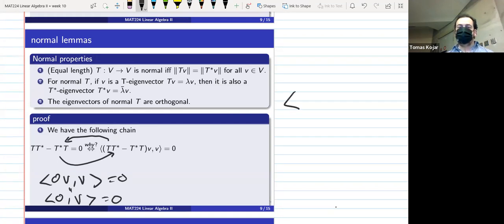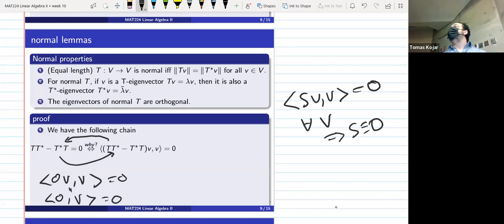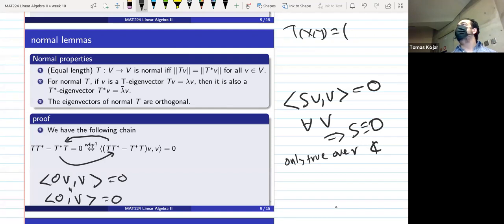So in general, whenever you have this statement for all V, you get that S is the 0 map. And this is only true over C. It's not true over the reals, because the example is you basically take T of XY to be the orthogonal to it.